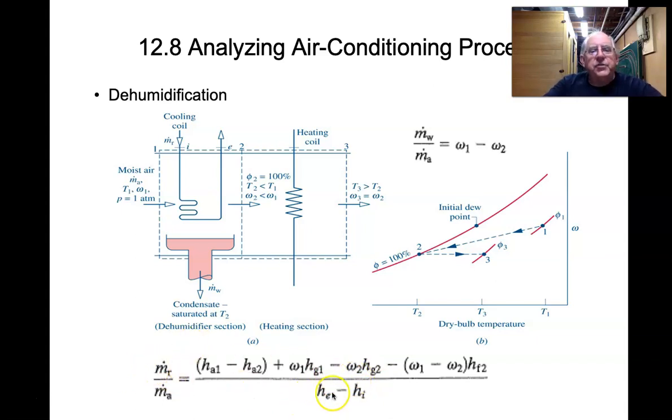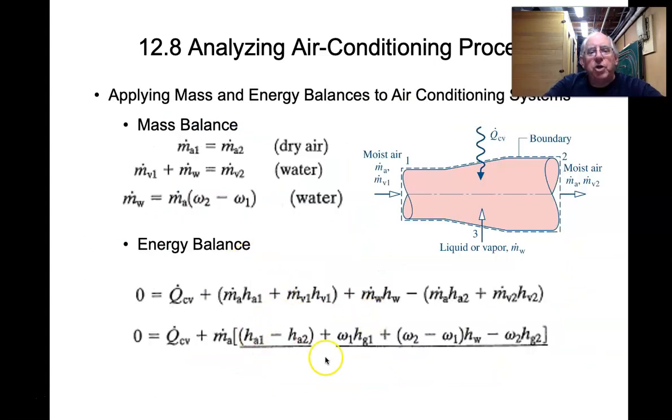And that heat transfer is going to be equal to the heat transfer that is taken from the moist air. And that's going to be the m dot a times this numerator here. And so this numerator is similar to what we saw before. It's this value right here for the Q dot CV. We have the air component, we have the water removal component, and we have the moisture component.